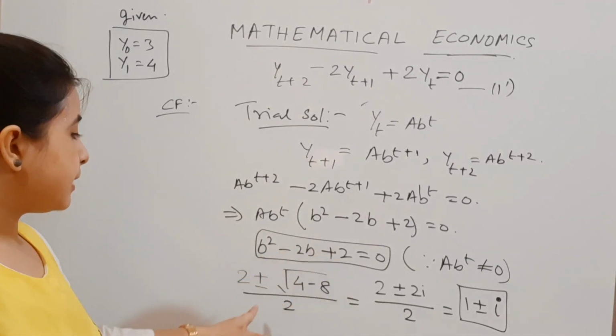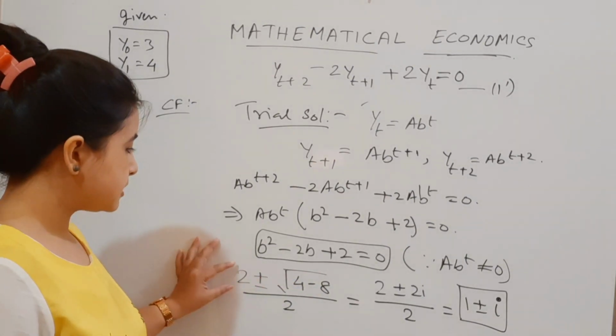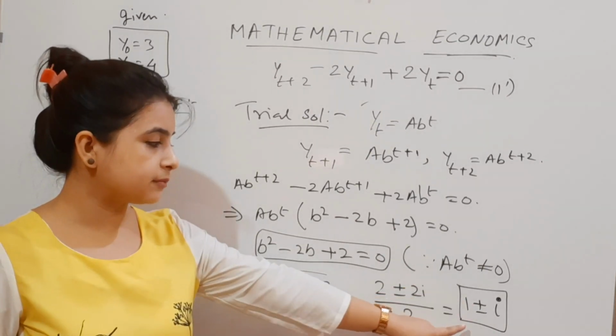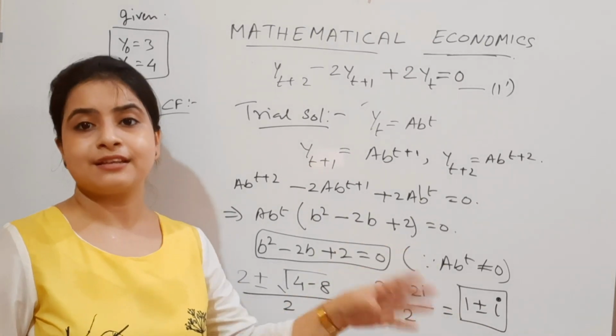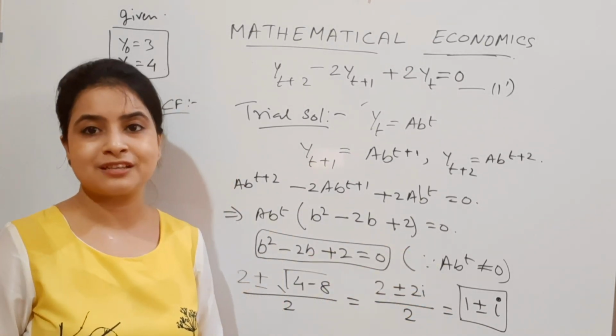After applying the formula, we get this solution: 1 plus minus i. Since there is i, that means it will have imaginary roots.